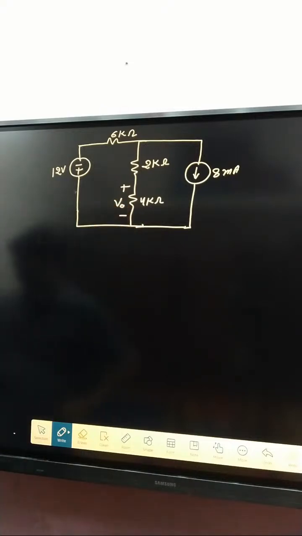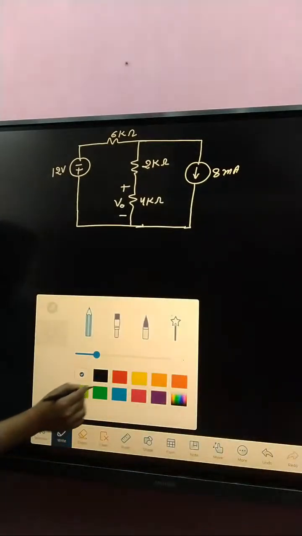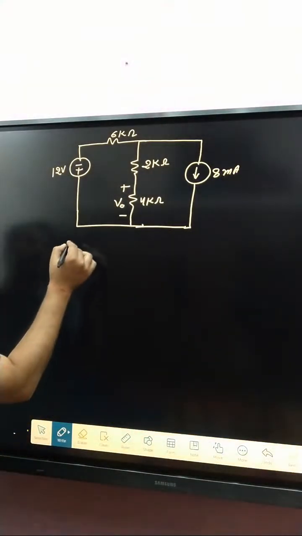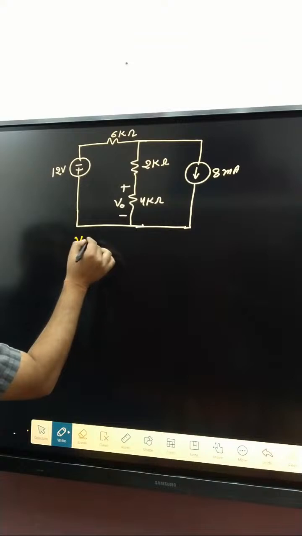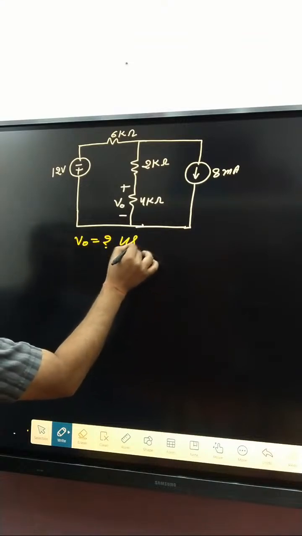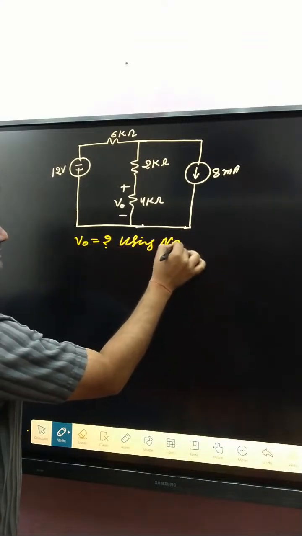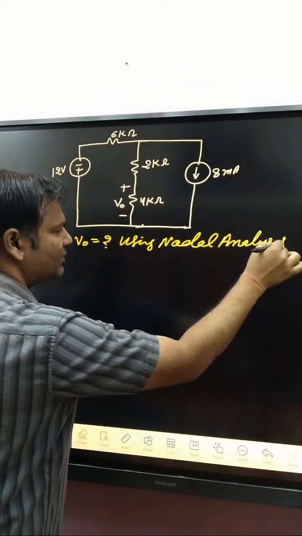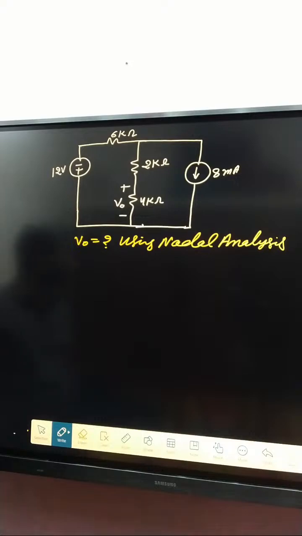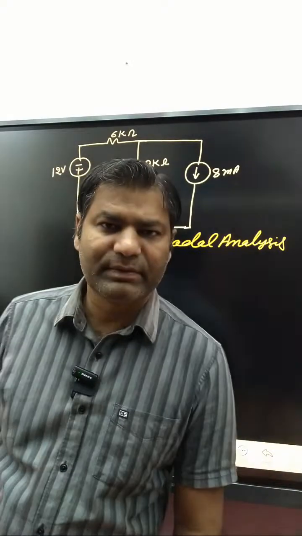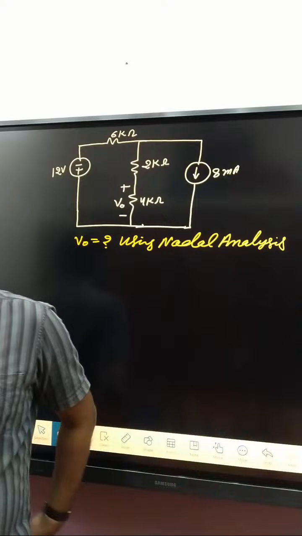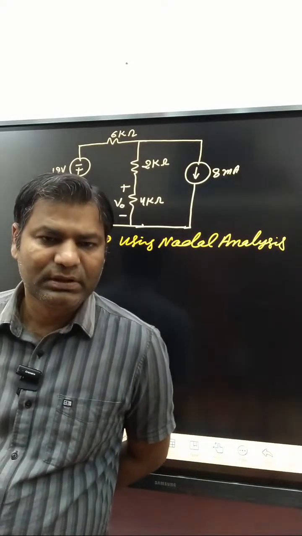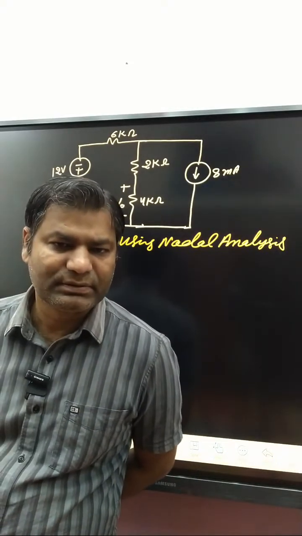According to the question, determine V naught using nodal analysis. First of all, everyone try. After that I will do it.